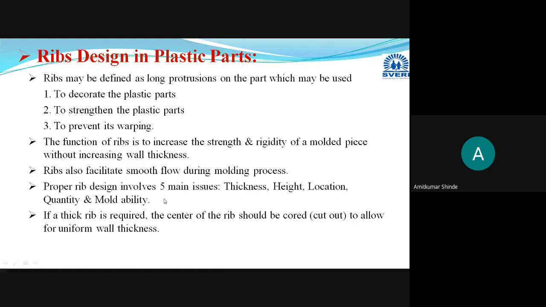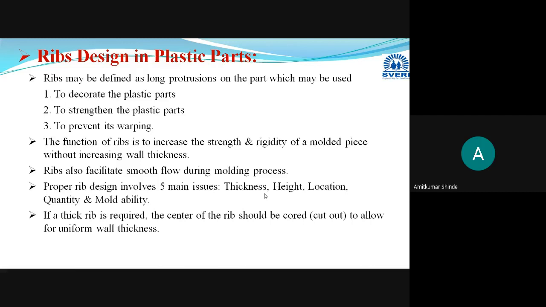Okay, then now, while designing the rib in any plastic part, you have to take into consideration 5 main points. First, you have to take into consideration the thickness. What thickness you are going to use for that particular rib?